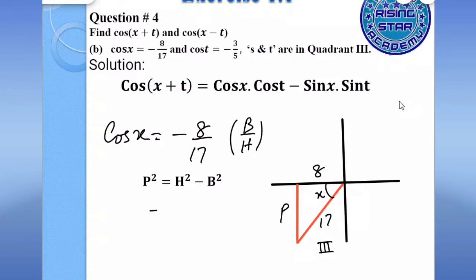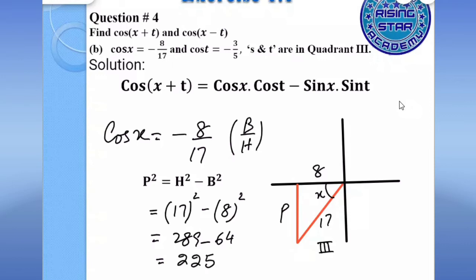We need to find p, so h value would be 17 and b value would be 8. So that would be 289 minus 64. That would become 225. So when we take the square root on both sides, p value would become plus minus 15.